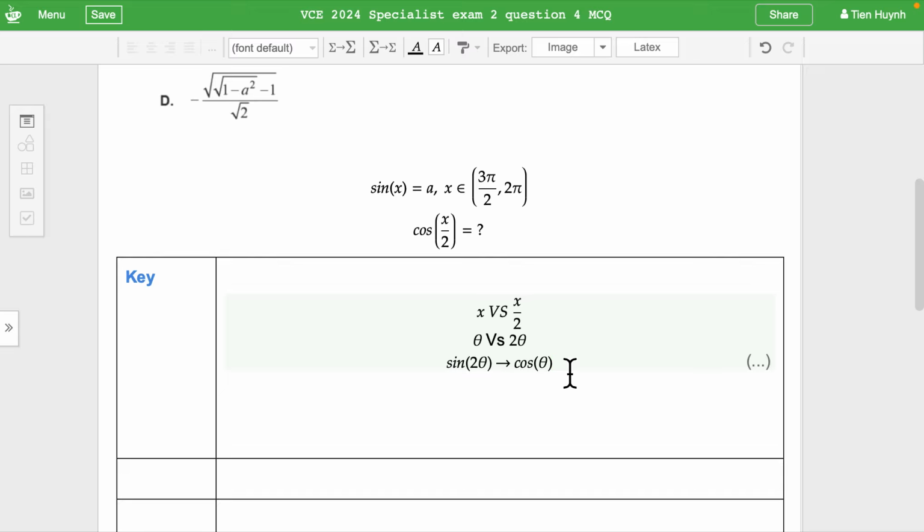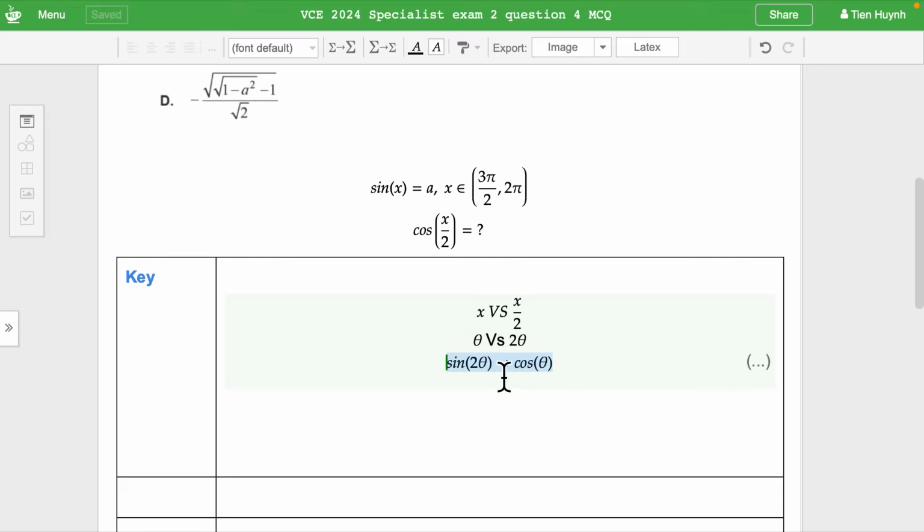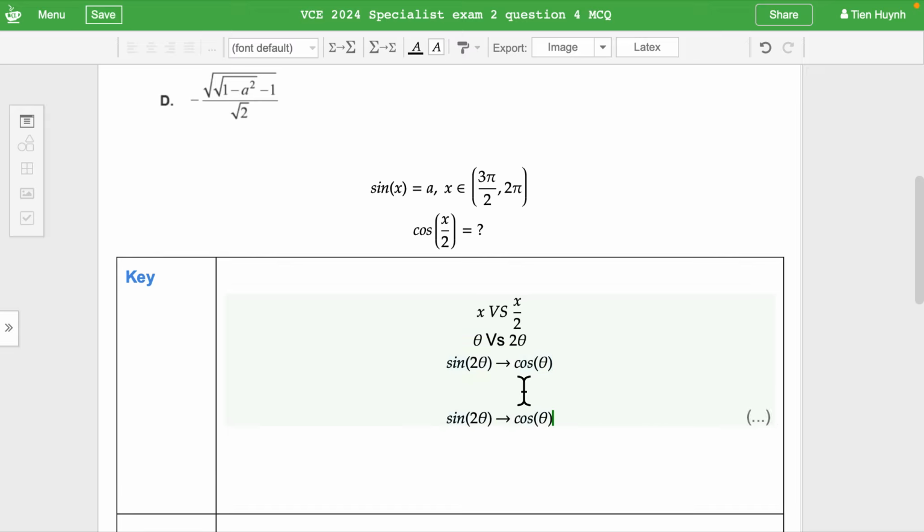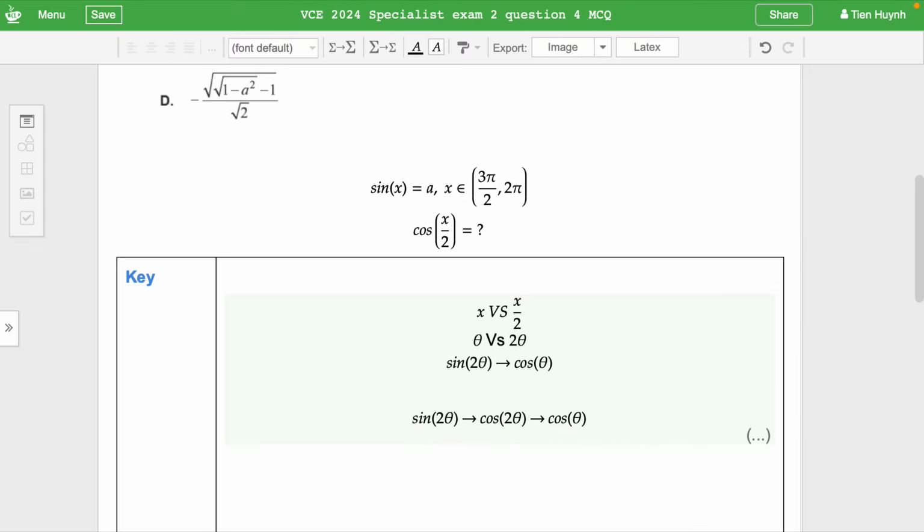However, one of the ways is, from sine of 2 theta, we can figure out the value of cosine of 2 theta, and then we can figure out cosine of theta using this double angle formula: cos square of theta equals cosine of 2 theta plus 1, divided by 2.